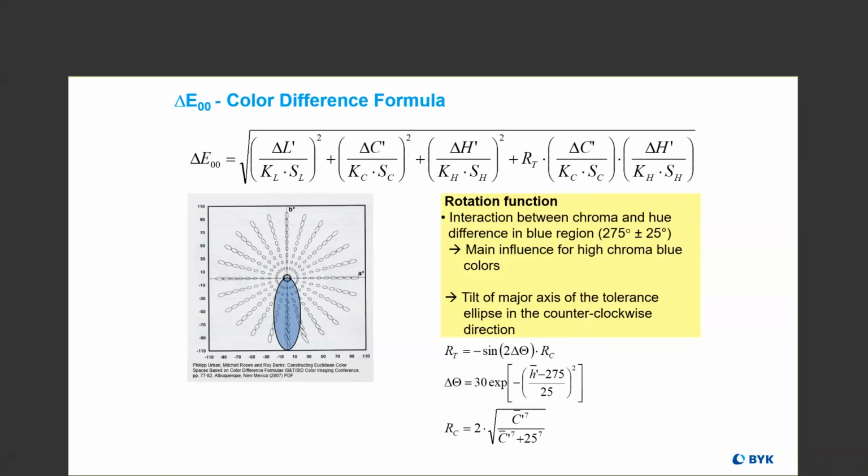And we came to find out through visual studies that that's not exactly true for blue colors. For blue colors, that tolerance ellipse is actually tilted a bit. And so that's what that rotation function is for, more accurate tolerancing, specifically in the blue range.